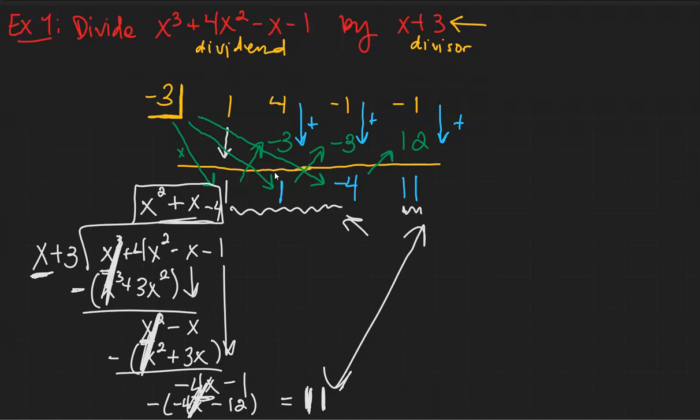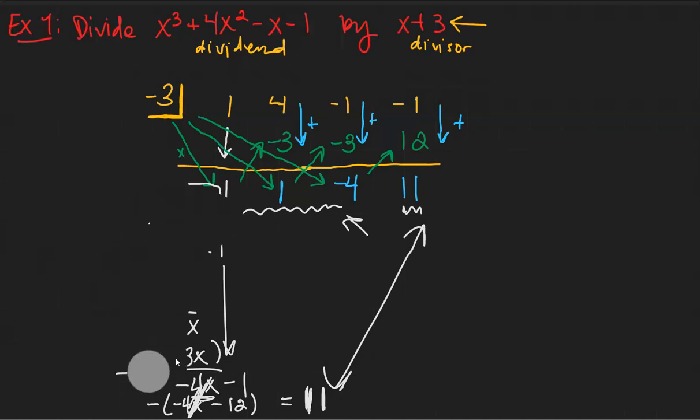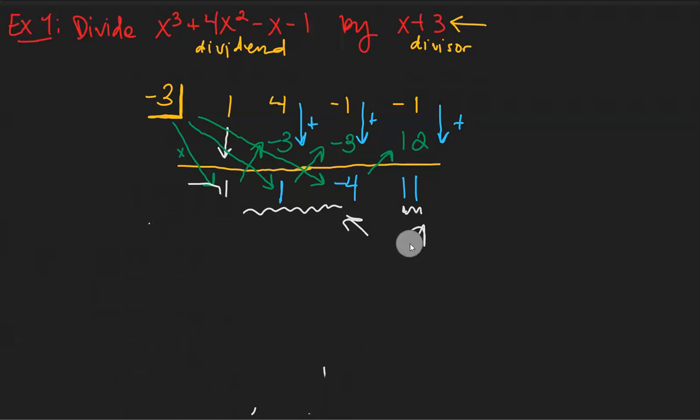So now we see where all these numbers come from and where the answer is hidden. So let me erase this long division part and write out what each of these parts represents. Now we're going to dissect this monstrosity we just did and tell you where each of these things is coming from.